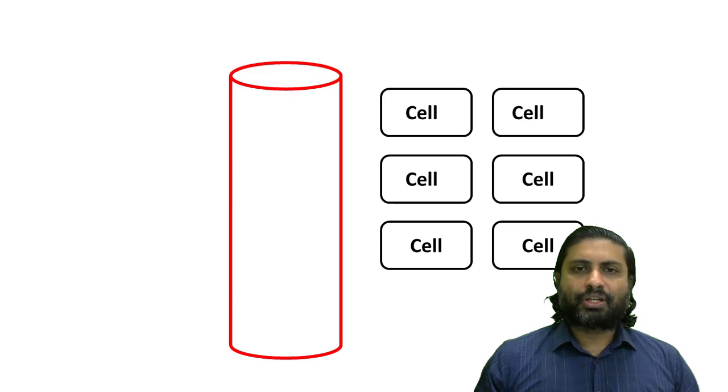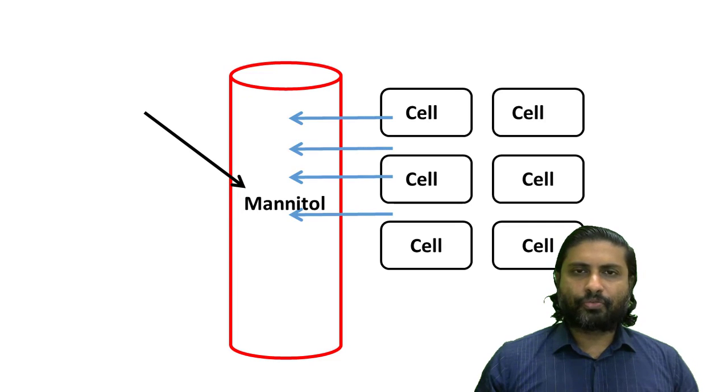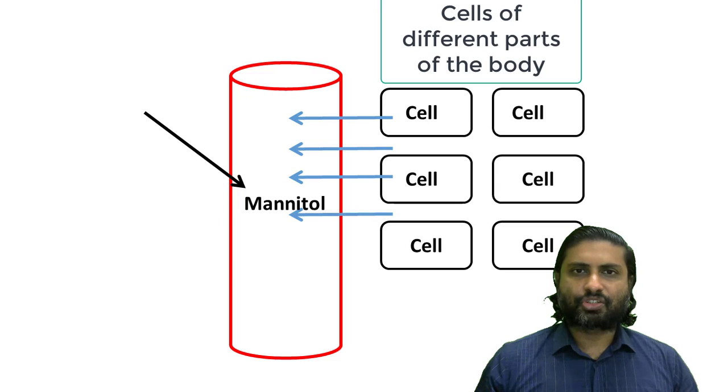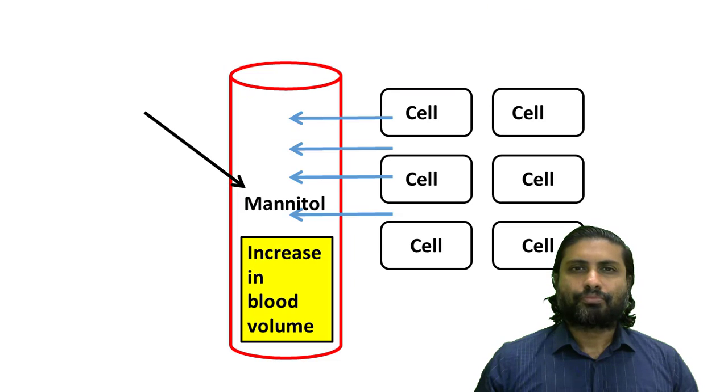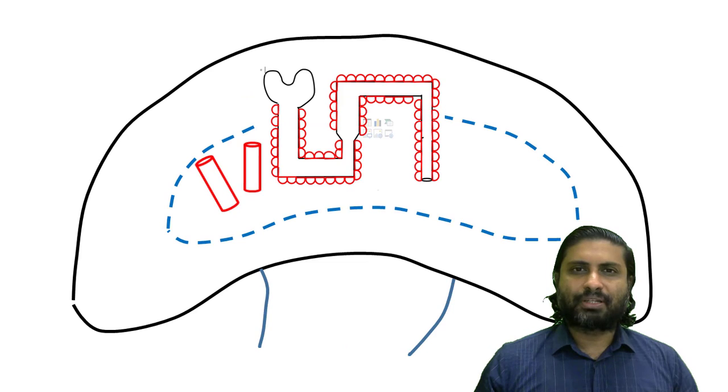When an osmotic diuretic like mannitol is introduced into the circulatory system, it pulls fluid from the cells and the interstitial space into the circulatory system, and this increases the blood volume. The increase in blood volume also extends to the capillaries present in the medullary interstitium.